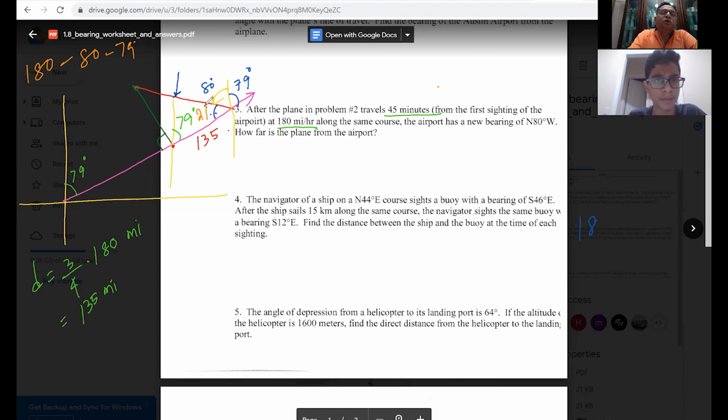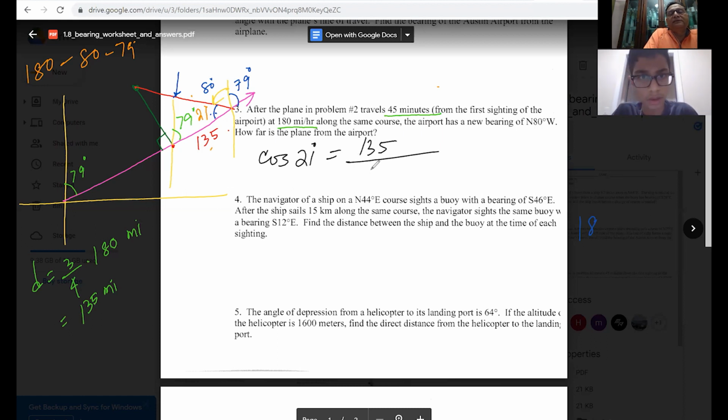So that is 21 degrees, and we know that is a right angle, so we can find the hypotenuse knowing this, using cosine. Is it clear? So the angle, this is the hypotenuse. It will be cosine of 21 degrees equals 135 over x.